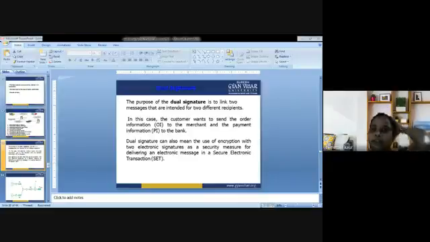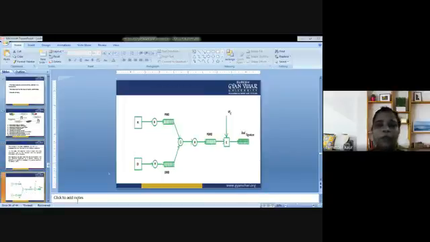So there could be a generation of the dual signature that is associated with the same. You can have a look at the same. So what is PI, what is OI, as I told you earlier. Now have a look at the interpretation. PI stands for payment information, OI stands for order information. PIMD stands for Payment Information Message Digest. OIMD stands for Order Information Message Digest.